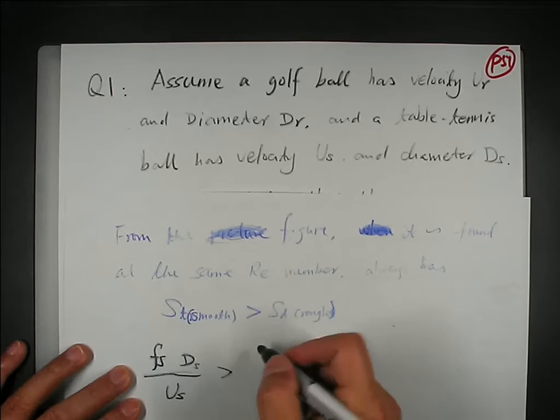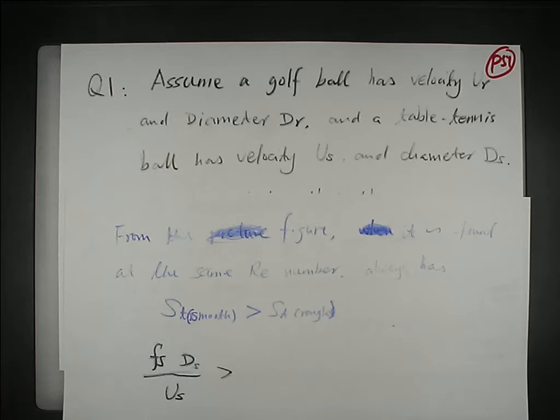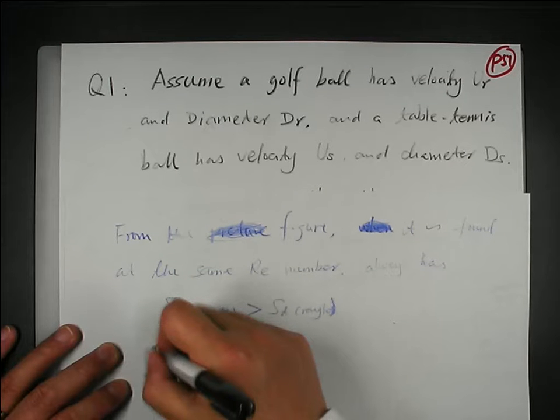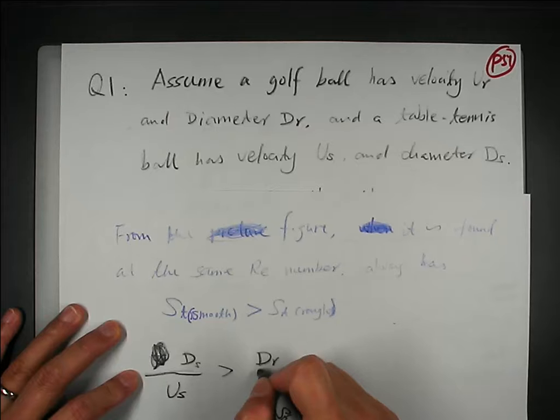Then it is larger than the rough one. Because fs is the shedding frequency, we assume the shedding frequency is the same. Then we can remove this one, we don't consider this. Then it always gives DR over UR.